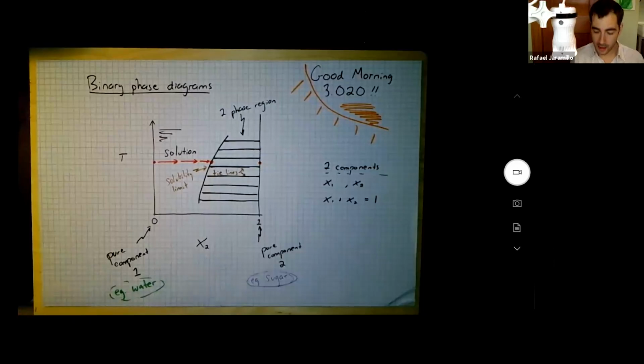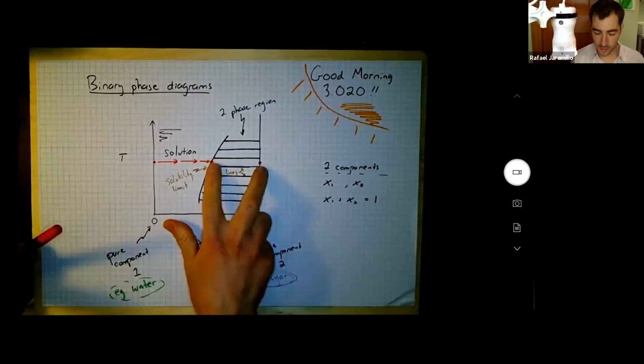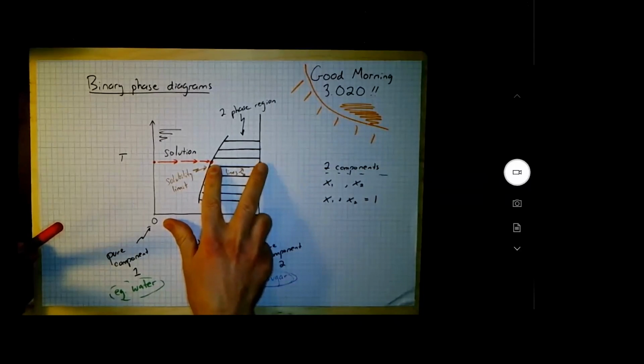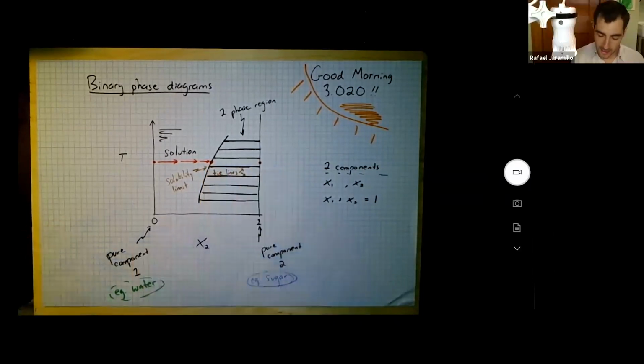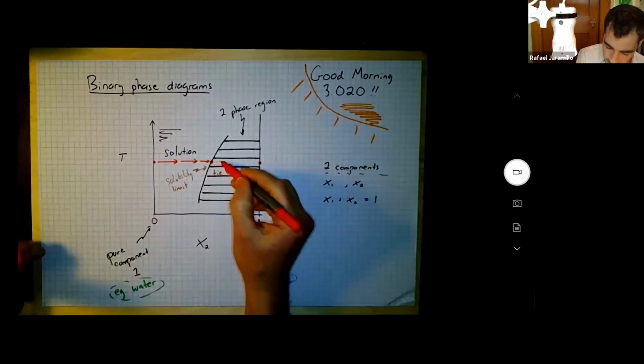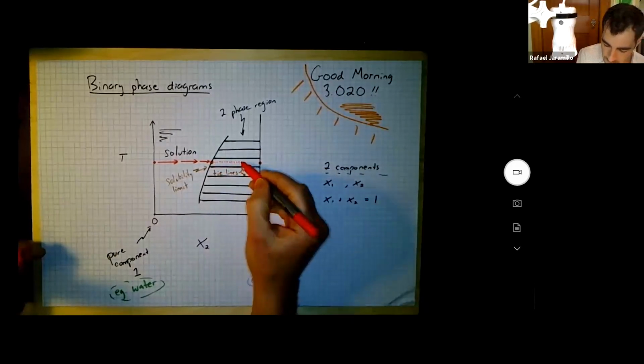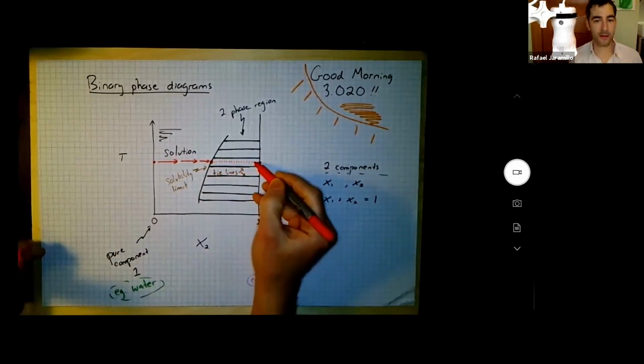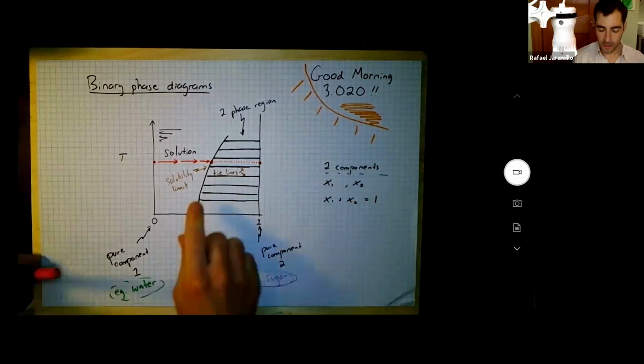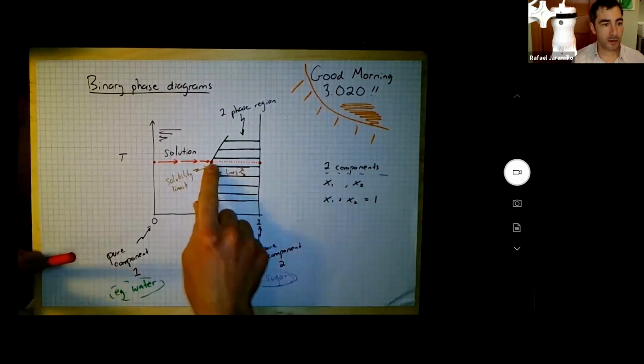When that happens, I end up with two phases in coexistence: sugar water and solid sugar. That's the precipitate, the stuff on the right. As I add more sugar to the system, more and more sugar precipitates out, while the composition of the solution doesn't change.